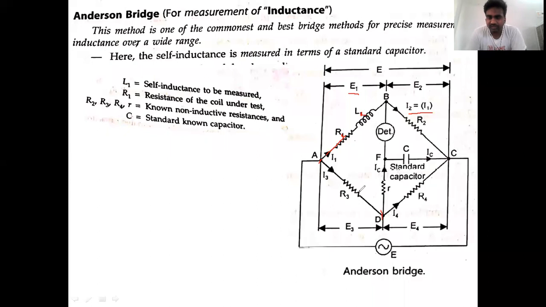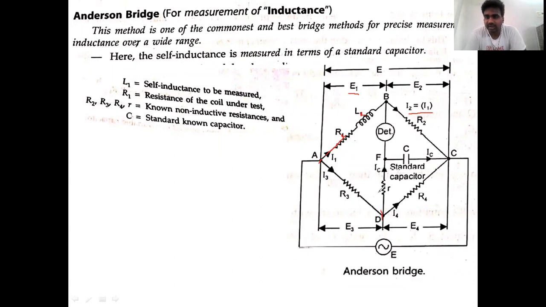The third path from A to D is also known as the standard resistance path or pure resistance path, that's why we have only a resistance element. Before going to the fourth path, here we have an additional resistance in the detector arm.